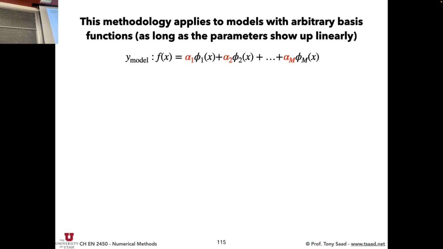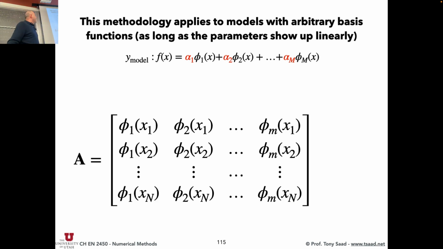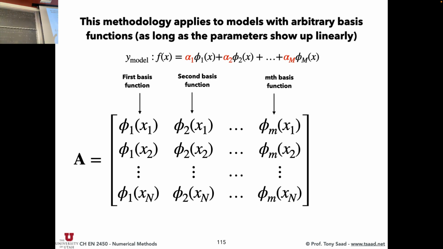Those basis functions, I'm calling them phi1 of x, phi2 of x, phi m of x, and so on. Then your regression matrix looks like this. Again, the columns contain the basis functions the way they are listed in your model.